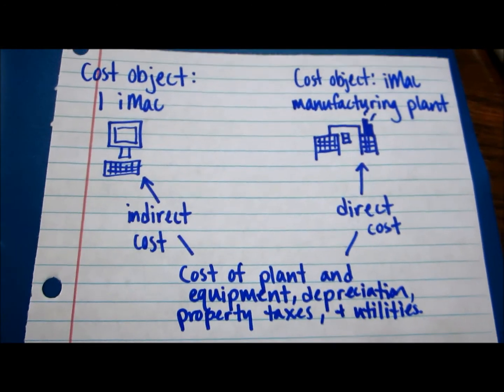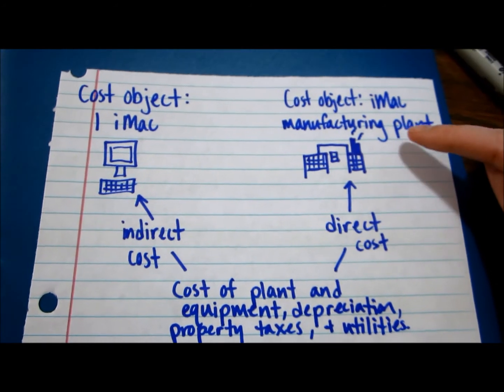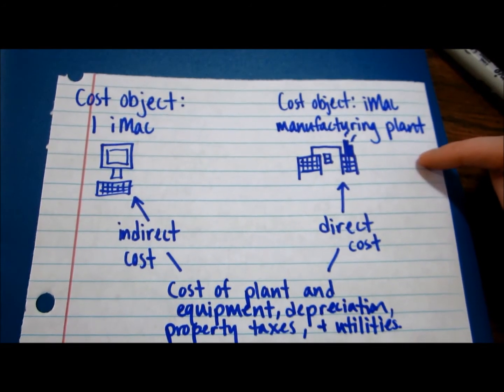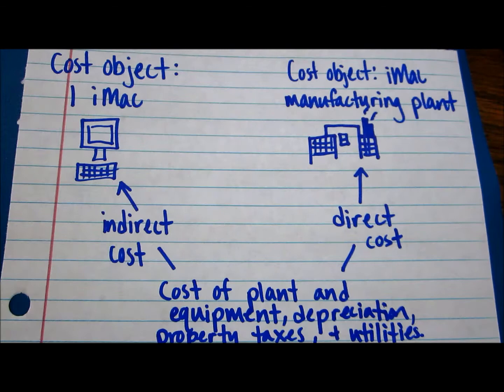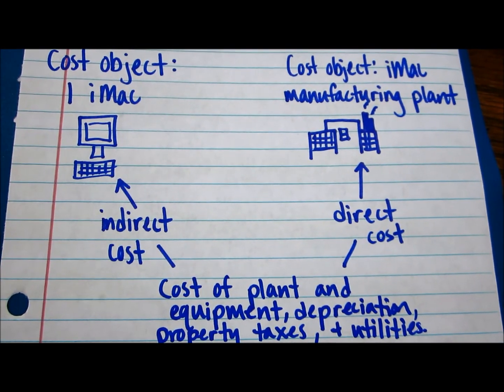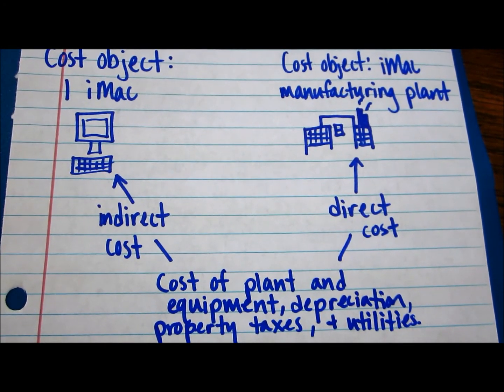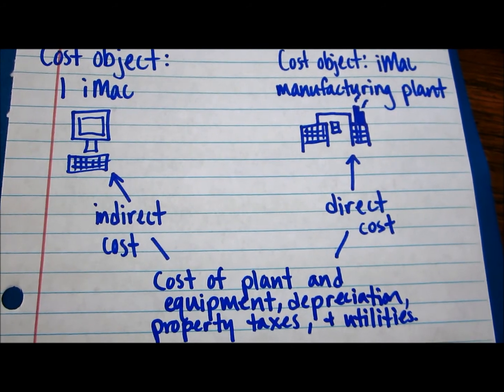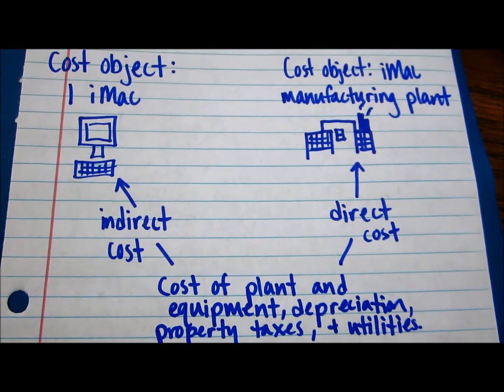Yet, these are all direct costs if our cost object is the iMac manufacturing plant. So if management wants to know how much it costs to operate the iMac manufacturing plant, the plant becomes the cost object.